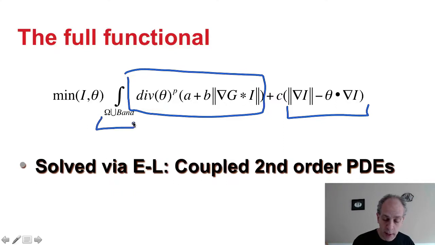Again, the integral is as before in the same region, and A, B, and C are just some parameters that control the weight between these terms. We are minimizing not only over I, as we did in the previous slide, we also minimize over theta.